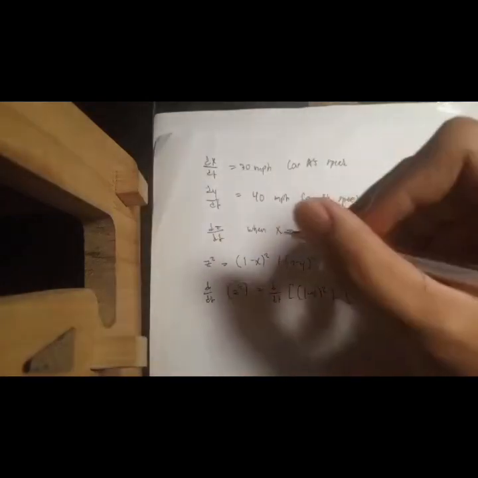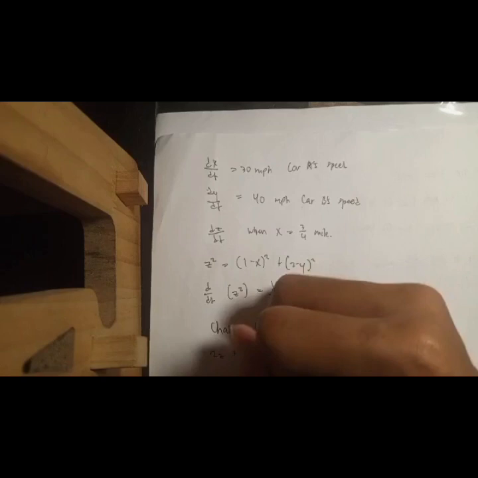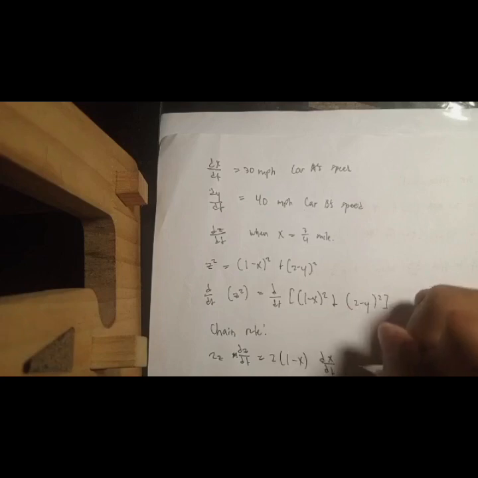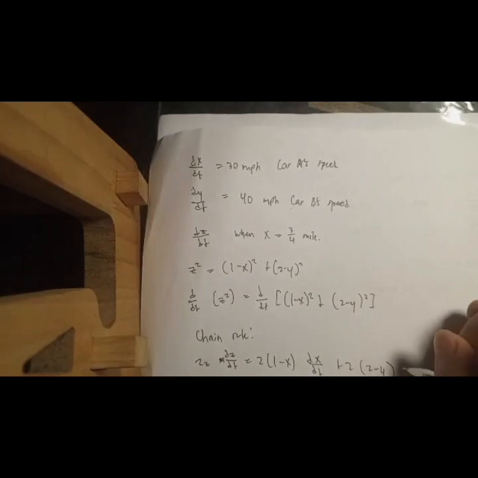Using the chain rule, 2z dz over dt is equal to 2(1 minus x) dx over dt plus 2(2 minus y) dy over dt.